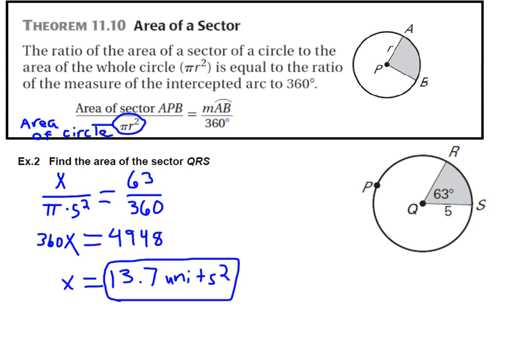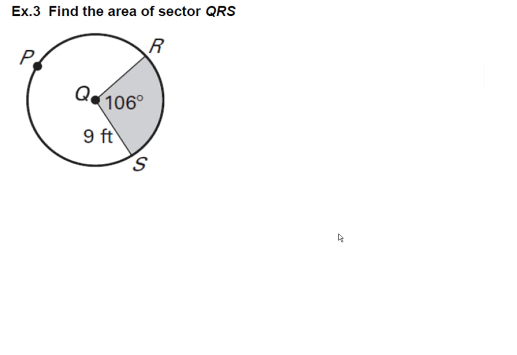All right, let's do another one. So on the back now, example 3. Find the area of sector QRS. This one has a pretty similar setup. So on one side, you're going to have the degrees, 106, over the total degrees of the circle, 360.